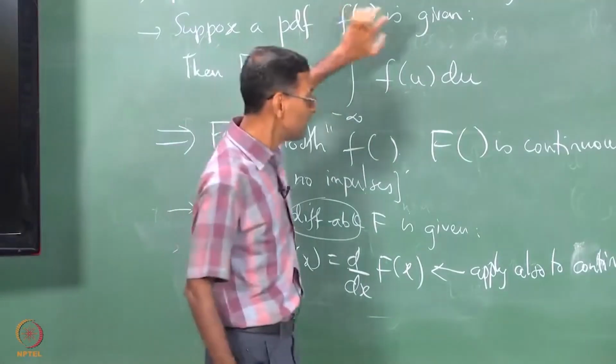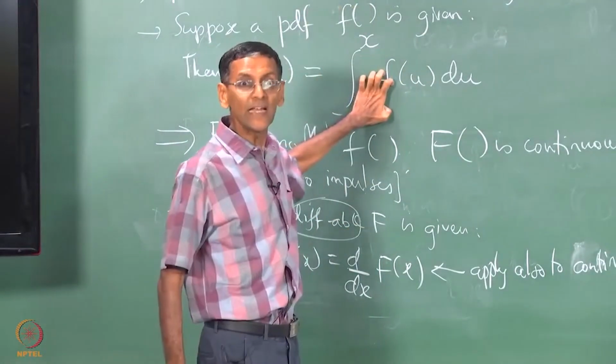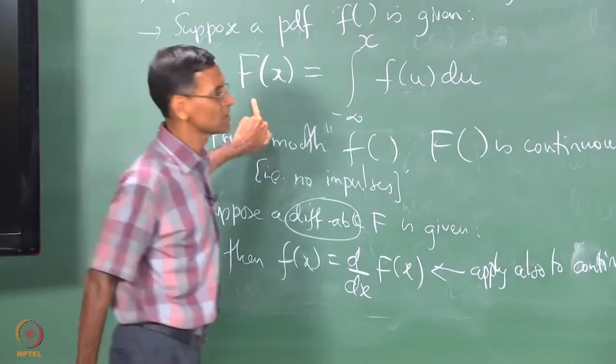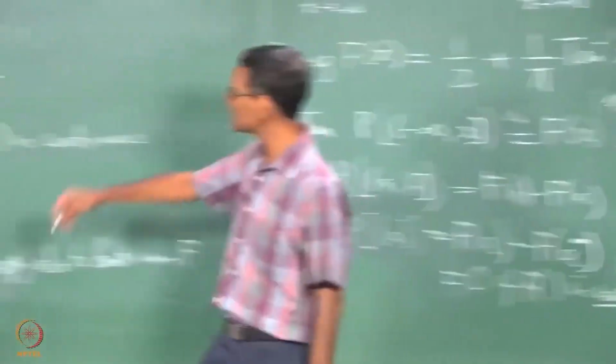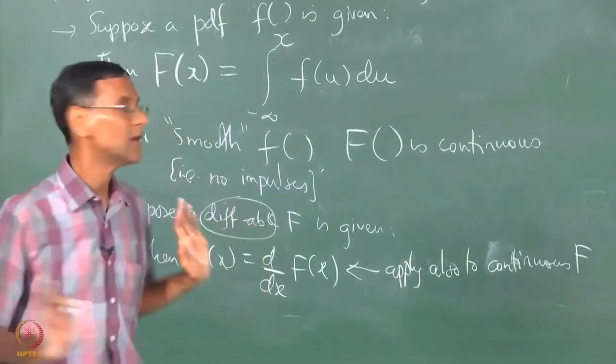If there are jumps in f and you integrate, you will get kinks in F. When I say kink I mean a point where the slope changes abruptly, like this.